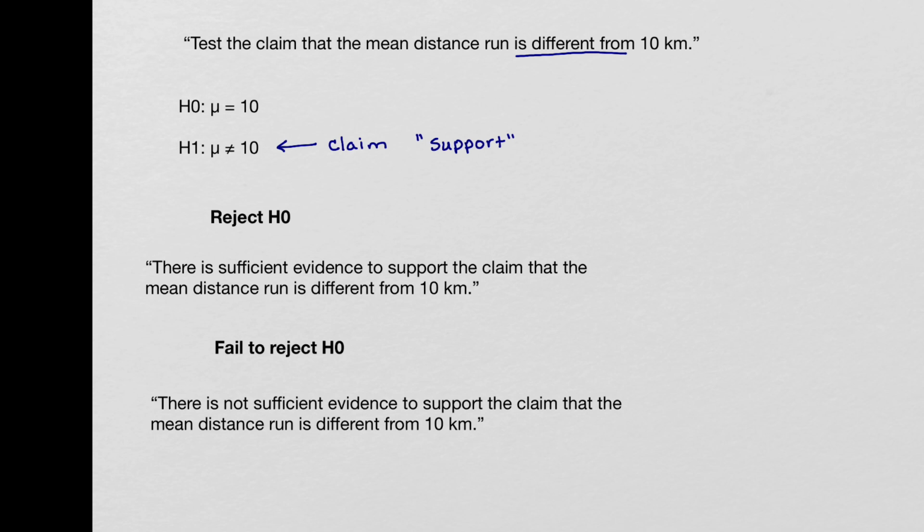So, either we're rejecting the null hypothesis or we're failing to reject the null hypothesis. If we decided to reject the null hypothesis, so we have the null, we have the alternative, we don't like the null, we rejected it. So that means we like the alternative, which was the claim.